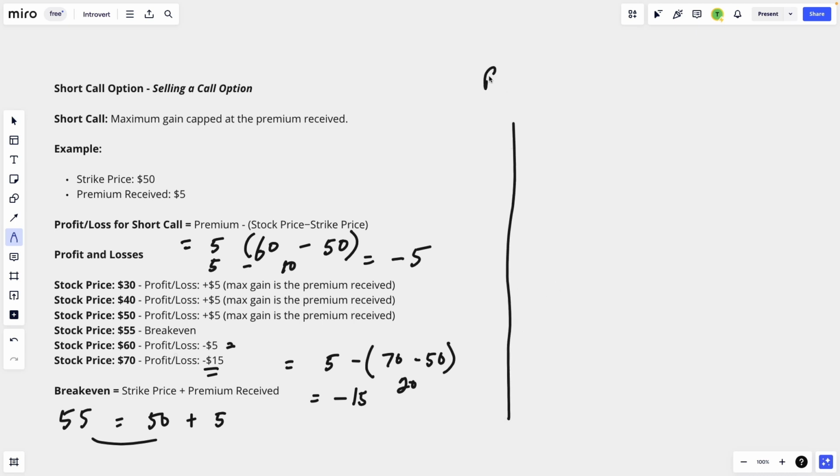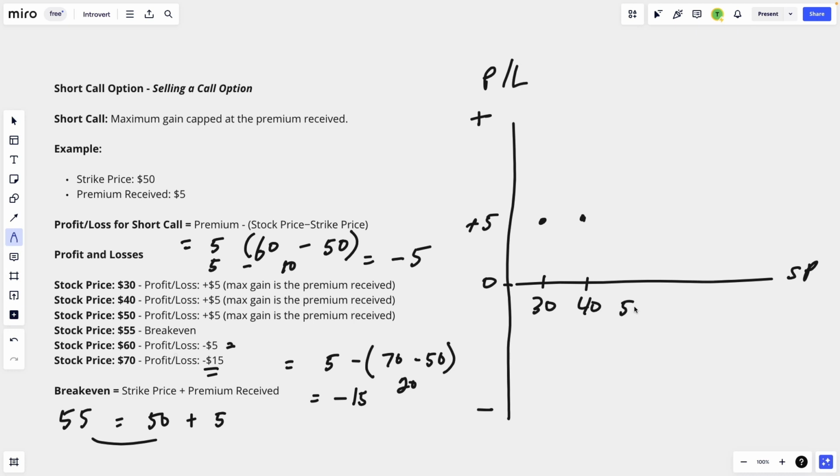So the profit and loss, and we've got profits here and losses down here, and here it's 0. We have the x-axis, and this is going to be our stock price. So at 30, let's check out what that is. We've got 30 here, and we have a $5 gain. So we're up $5. And when the stock price is 40, we are up $5.